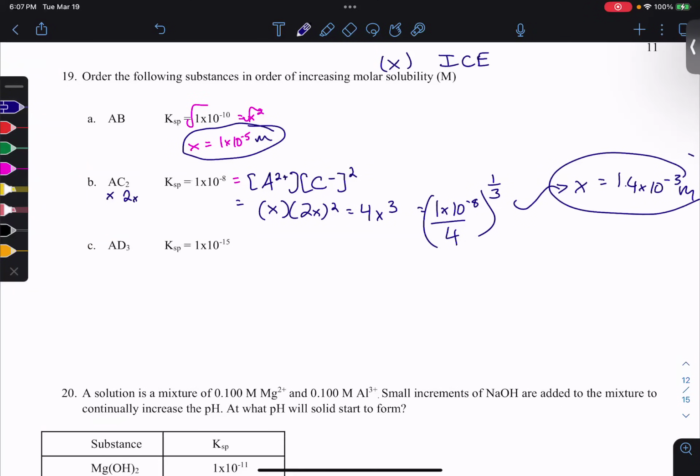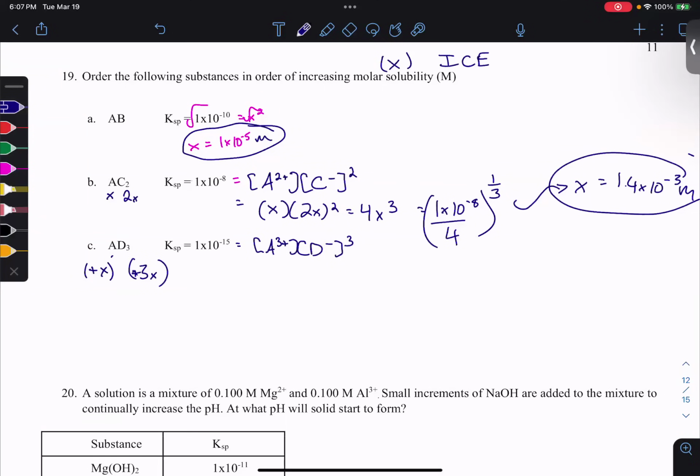All right, and now the last one. So the KSP for this last one is A concentration times D concentration, but cubed. Now put this in terms of X's, molar solubility. You throw a chunk of AD3 into water, you gain an X amount of A, but then how much D do you gain? 3X, so that's where the stoichiometry shows up.